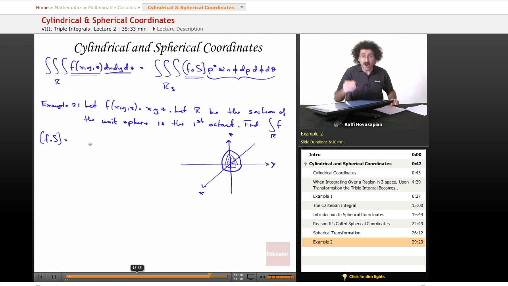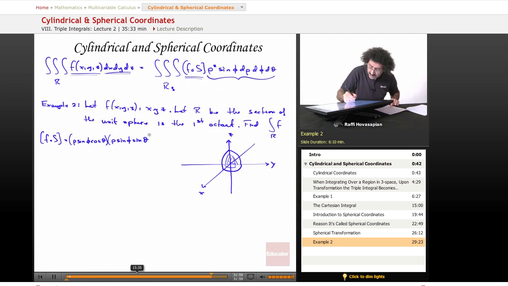X is rho sine phi cosine theta. Y is rho sine phi sine theta. Z is rho cosine phi. So we just put them in and multiply them out. So x, y, z is equal to rho sine phi cosine theta times rho sine phi sine theta times rho cosine phi.